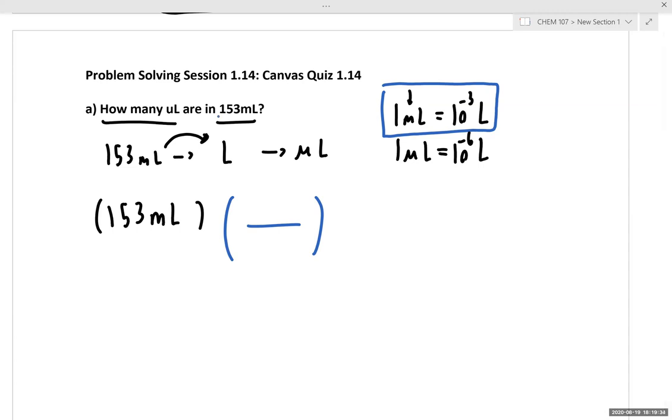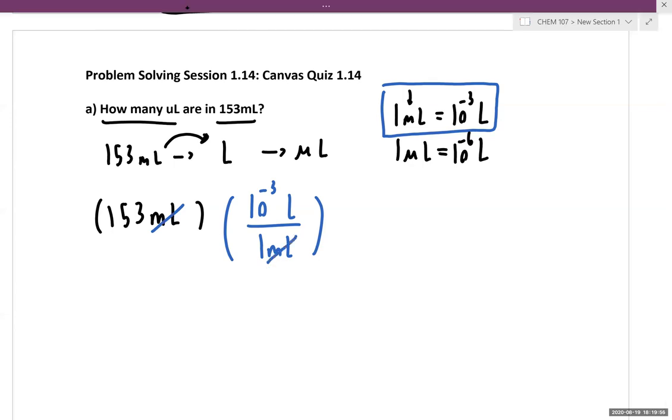Liter. Yep, so we have 10 to the -3rd liter. And what are we going from? What units do we want to cancel? Milliliters, exactly right. So we have 10 to the -3rd liter per 1 milliliter. And as we see, milliliters cancel.